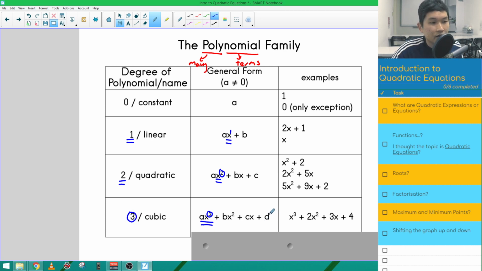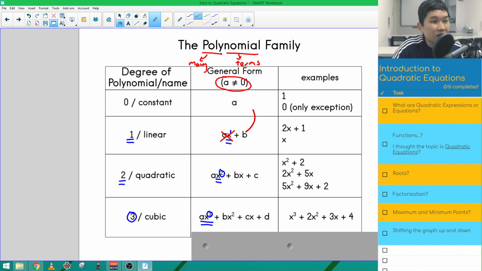Okay? So again, we need to say that these are generally what our polynomials look like, except that a cannot be 0. A can never be 0. Why? Because when a is 0, say for example, if you look at the linear expression here, this whole thing disappears, and what you have is just a constant term. Right?